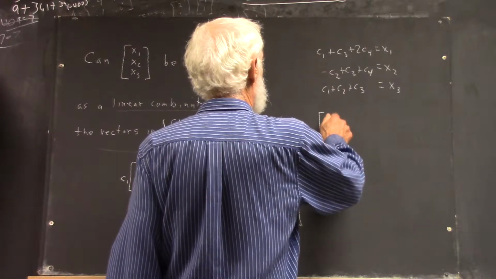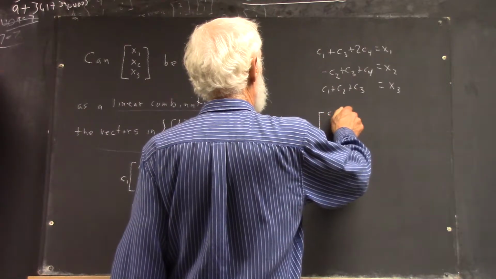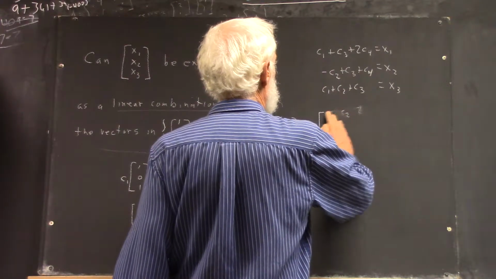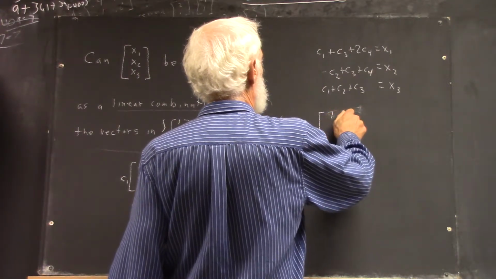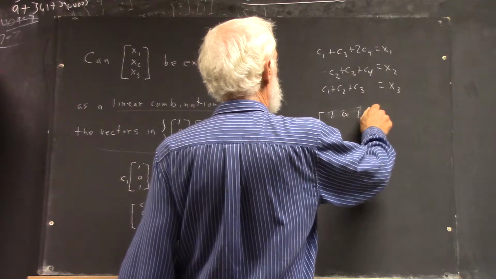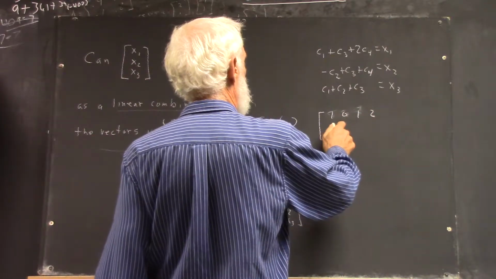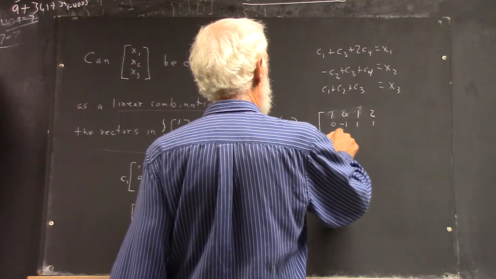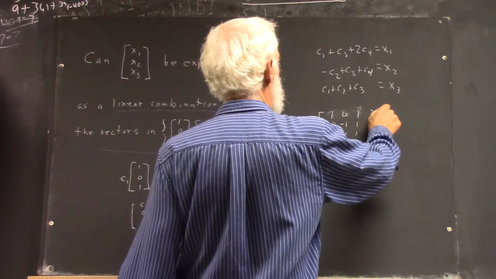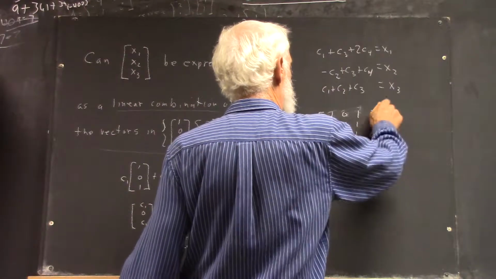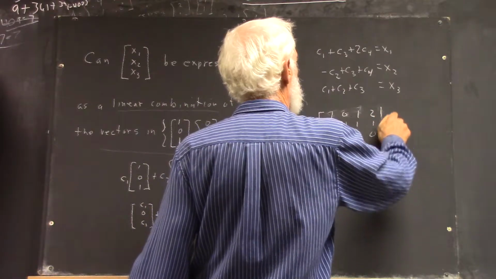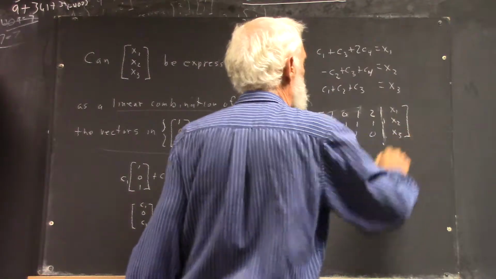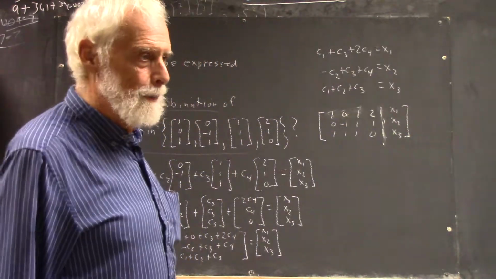So we're going to have the matrix with rows 1, 0, 1, 2; 0, -1, 1, 1; 1, 1, 1, 0, augmented by x1, x2, x3, and we can reduce that matrix.